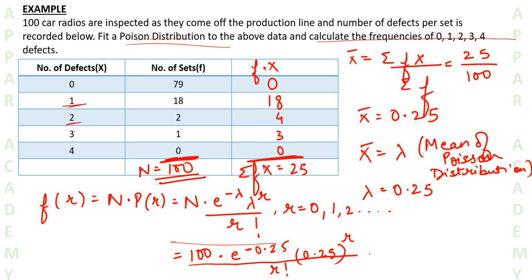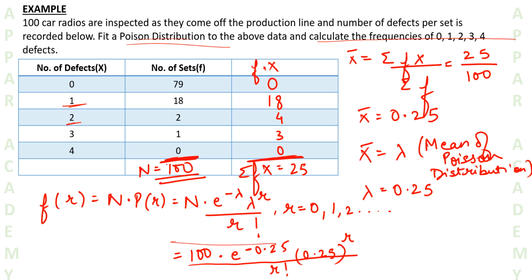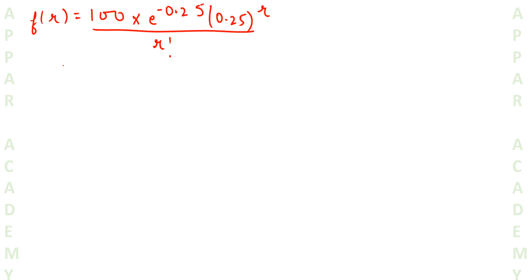So now let's find these values. Let's simply copy down the formula that we have written. F of r is equal to 100 into e to the power minus 0.25 into 0.25 to the power r upon r factorial, right? So this is what I've computed. First of all, we need f of 0.